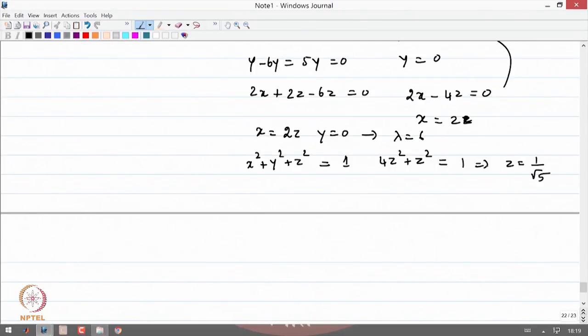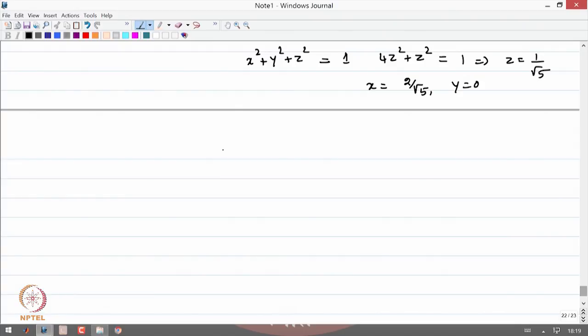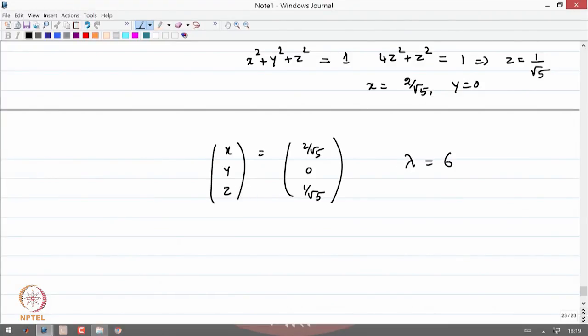If z is 1 by root 5, then x is 2z, which is 2 by root 5, and y is already 0. Therefore, the eigenvector x, y, z is 2 by root 5, 0, 1 by root 5, associated with the eigenvalue lambda is equal to 6. Now, what about the eigenvalue lambda is equal to 1? Remember, this is doubly degenerate.